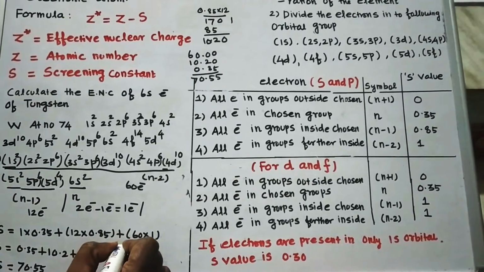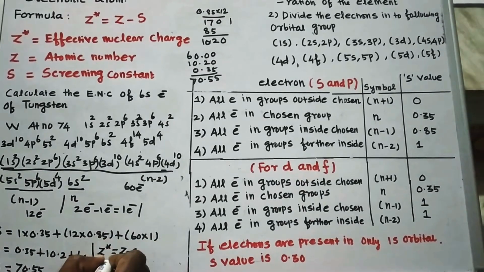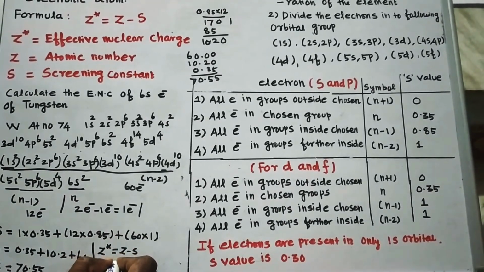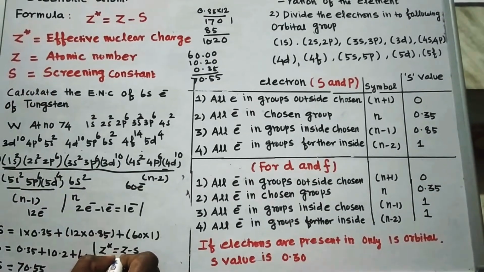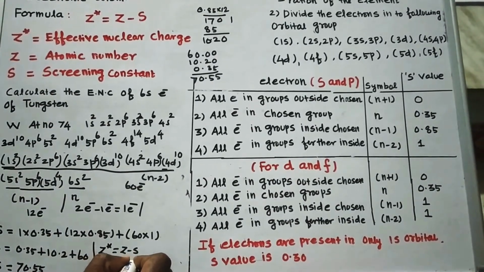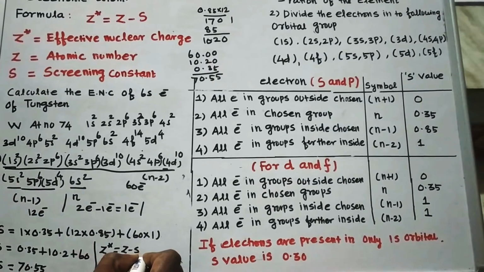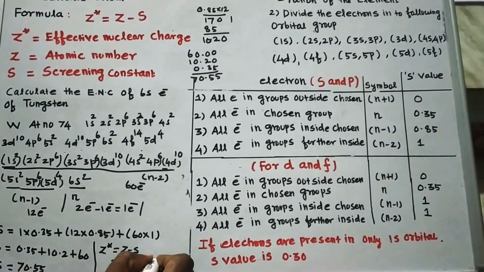Now we will call it Z star. Z star is equal to Z minus S, where Z is the atomic number. The atomic number is 74, minus S, which is 70.55.